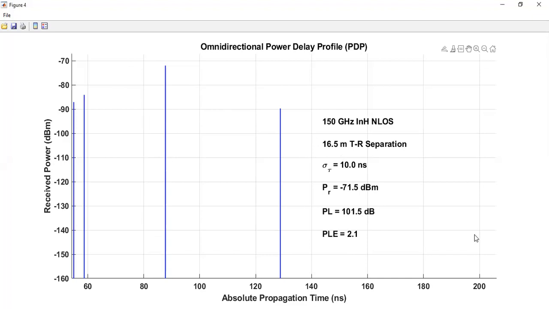Questions? Any questions about this figure? Sir, did we simulate a particular environment? Maybe the reflectors or the environment may change in different cases. We don't have much control over the environment.